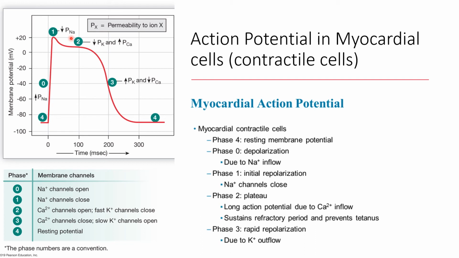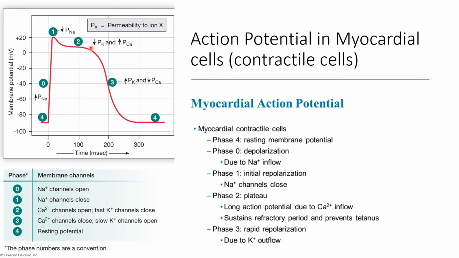If you have some positive charged potassium ions leaving the cell, and at the same time you have positive charged calcium ions entering the cell, you are not going to have a full repolarization or a full depolarization. You get a plateau because you have positive charges entering and positive charges exiting at the same time. So we get that plateau phase right there.